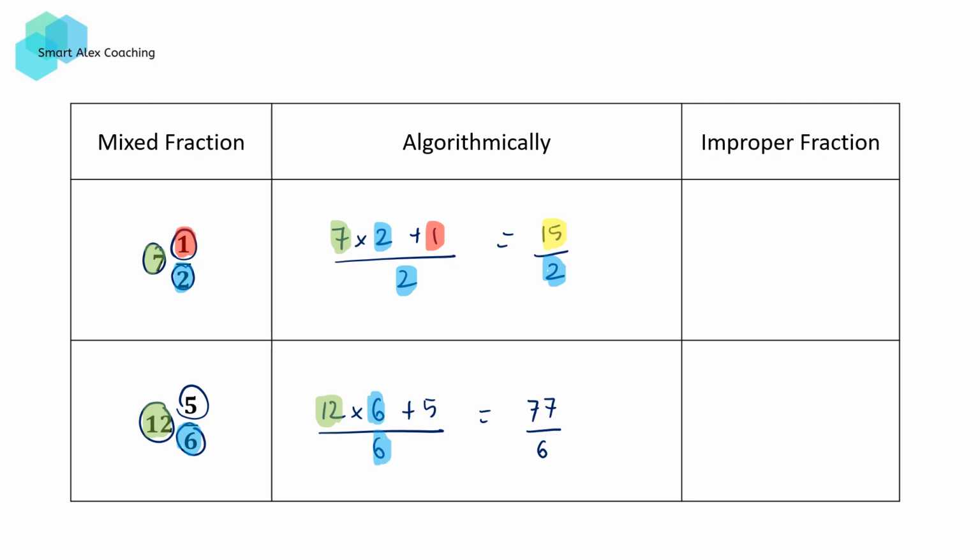And the numerator is 5. And that gives us the final answer of 77 over 6. Seven and a half is the same as 15 over 2. 12 5/6 is the same as 77 over 6.